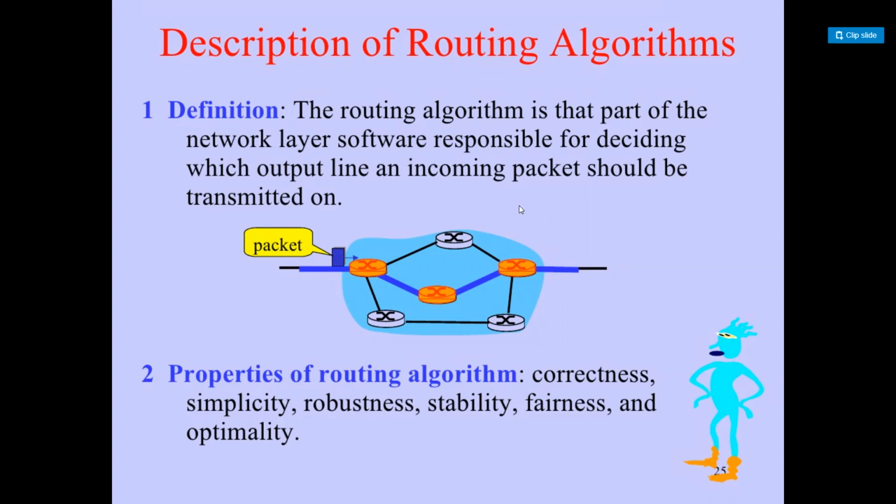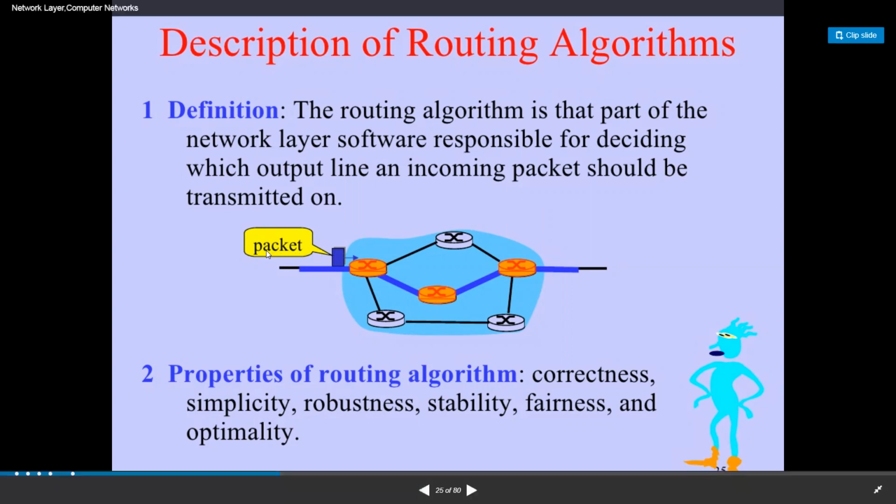See here in the diagram, this is a packet. This is all a subnet, or we can call that a carrier's equipment, the blue color one. Suppose a packet is coming from a host, and the host is connected to this router.